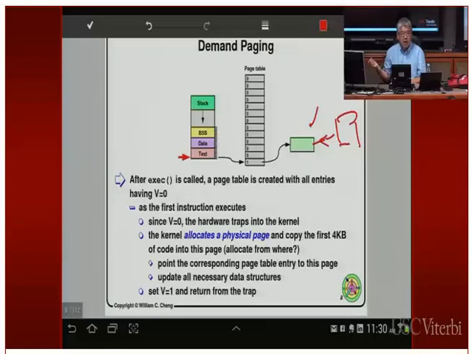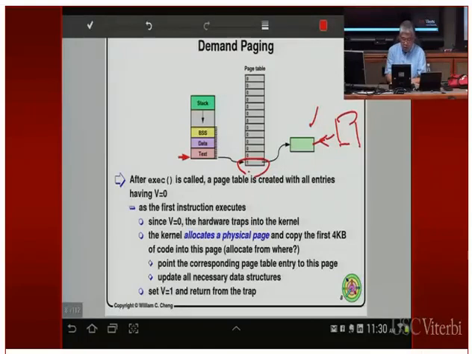So which thread do you unblock? This is the kernel thread that's handling this page fault on behalf of the user process. That's the kernel thread that you're unblocking. When this kernel thread unblocks, it will continue doing whatever it's supposed to be doing.